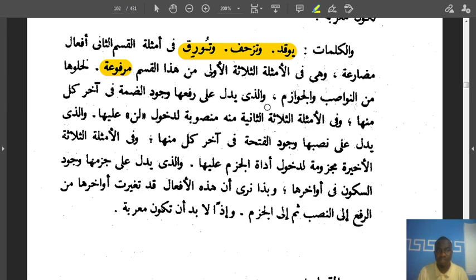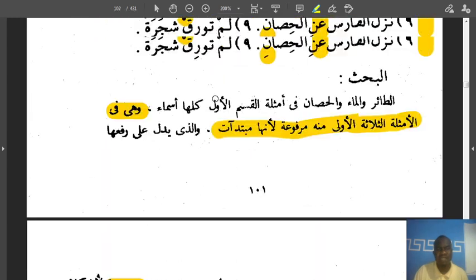We say that fi'l al-mudari', if it is free from an-nawasib and free from al-jawazim like lam, then lam al-amr, and then la an-nahiya. If a verb is free from all these articles, it stands alone, then the verb takes dhamma and we say it is marfu'.